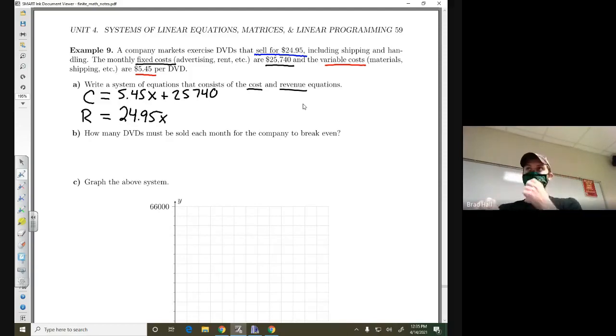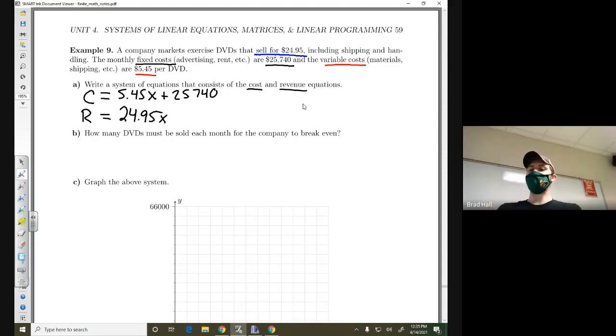So the top one would be the cost function, the bottom one would be the revenue function, and here X represents the number of DVDs. And now what we have done is we've set up a system of linear equations. So we have two linear functions, two linear equations existing in the same space.